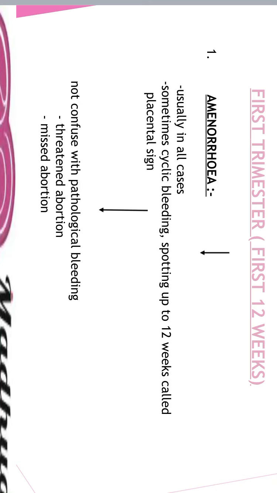Pathological bleeding is not related to date, is severe, associated with pain, and can happen anytime. So you have to differentiate from symptoms and confirm with the help of ultrasound.